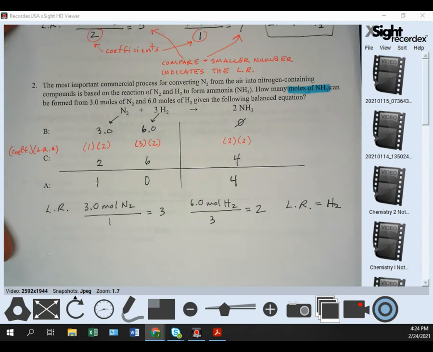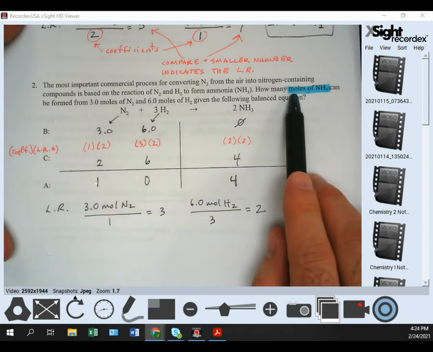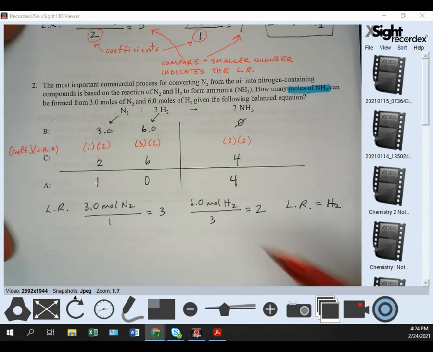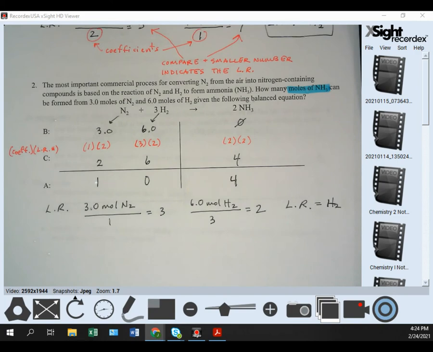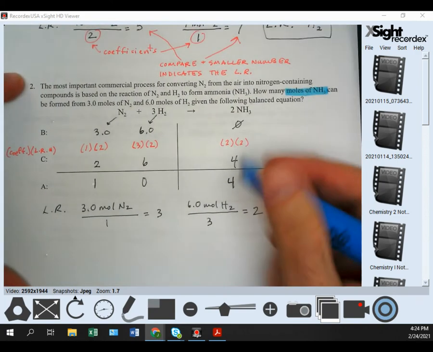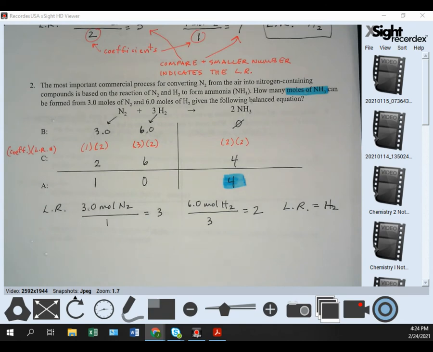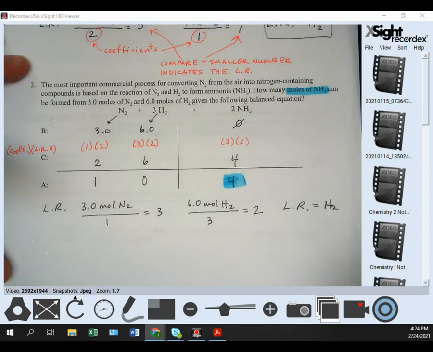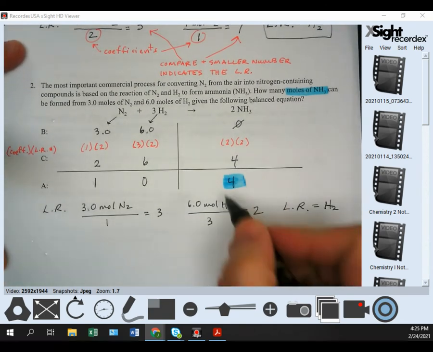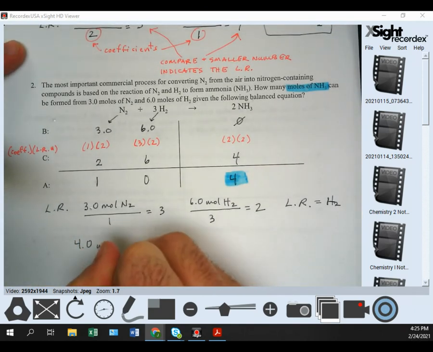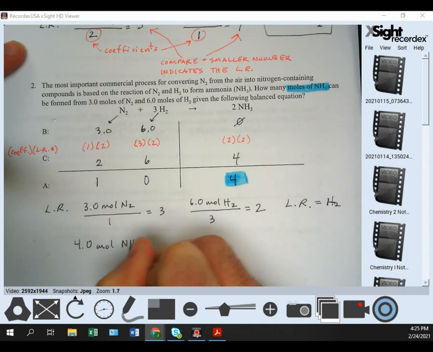Okay, so the question here being, how many moles of NH3 can be formed? Well, moles of NH3, that is this right here. So our answer, 4 moles of NH3 can be produced.